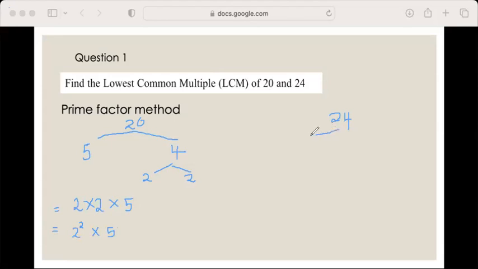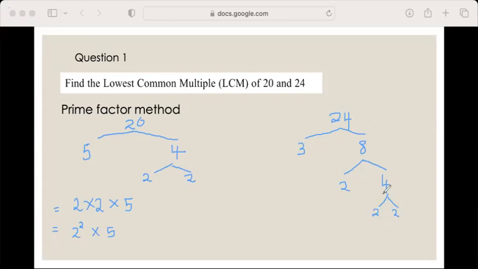So these are the prime factors of 20, by the factorizing method. Okay, 24. There are plenty of different ways to arrive at 24. One can be 3 times 8. 3 times 8 is 24. So 3 is a prime number. 8 isn't. So we arrive at 8 as 2 times 4. Again, 4 can be factorized as 2 times 2. Now we have arrived at all the prime numbers.